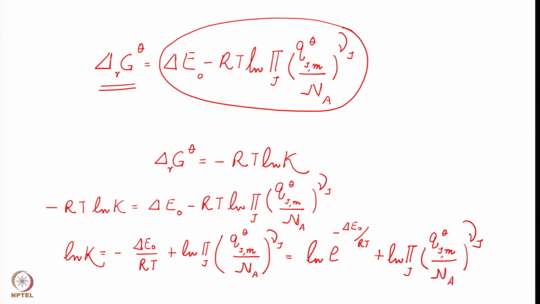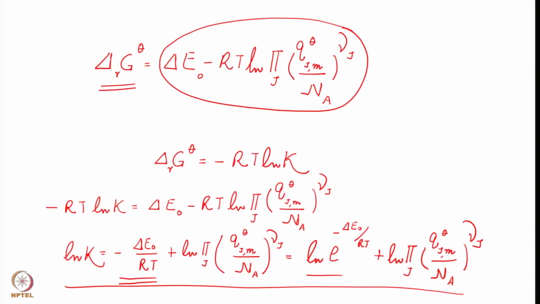If you carefully examine what I have done, I have expressed minus delta E naught by RT as log exponential minus delta E naught by RT. Why I did this was that I have a logarithmic function on the left hand side, and this is log A plus log B, which is equal to log A into B, and then I can get rid of the log on both sides.